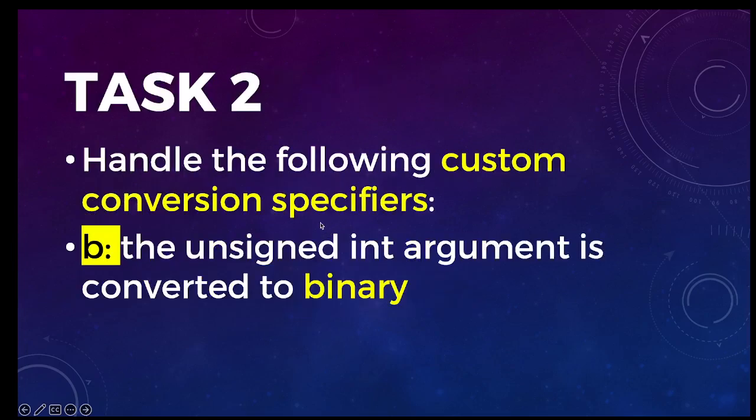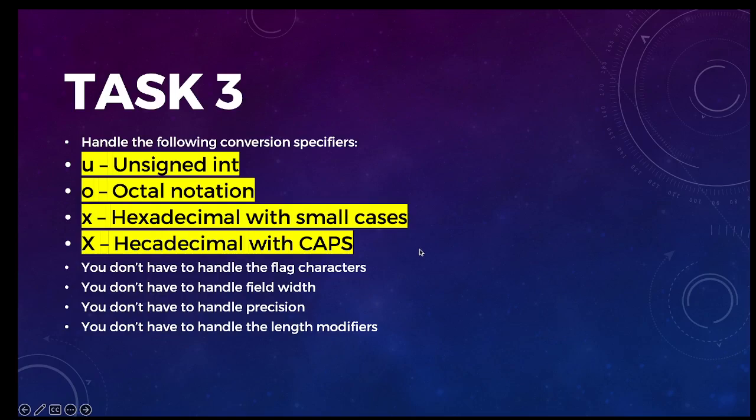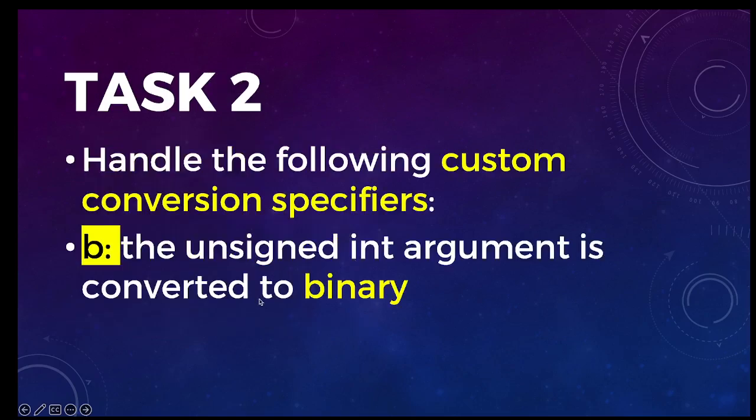All right. Now, the task 2 is asking you to handle a custom conversion specifier, and I will need you to pay a lot of attention here. Now, for this particular task, it's telling you that when you input the argument, which is an unsigned integer, the argument will be converted to a binary number.